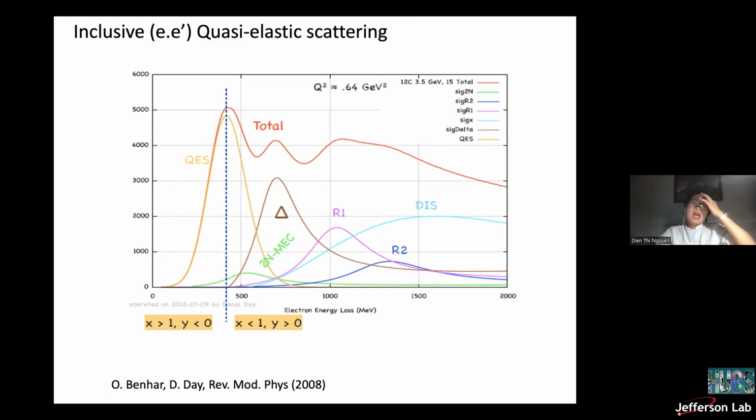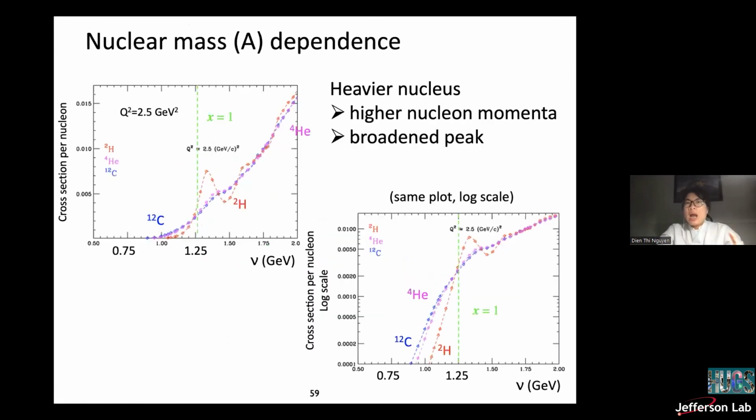I think yesterday some of you asked me how to determine the quasi-elastic peak. So first we look at how the quasi-elastic peak behaves for different nuclei. Here we have a fixed Q squared value; this is a linear plot, and this is the same thing but in log scale. So we have different types of nuclei here.